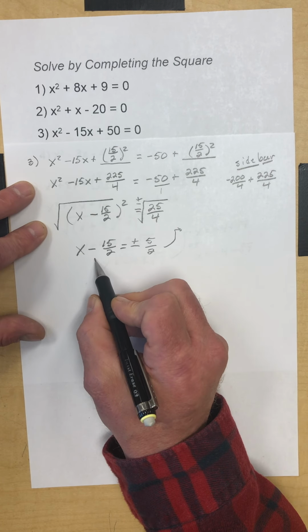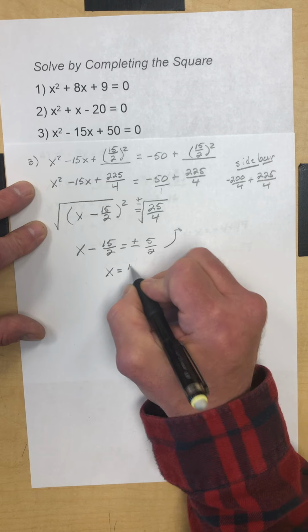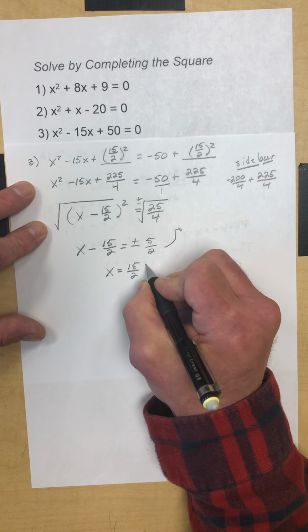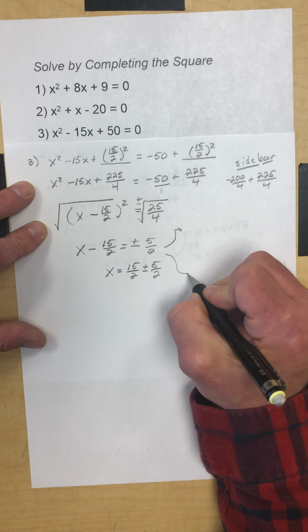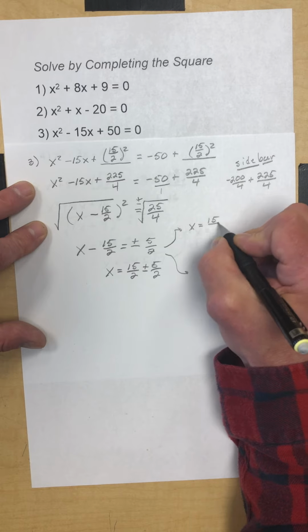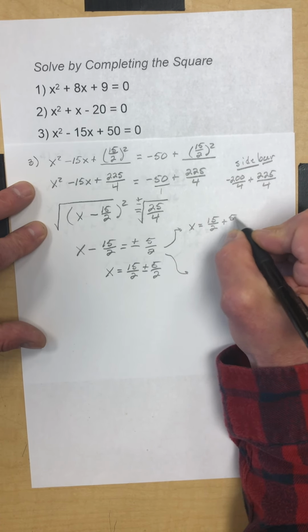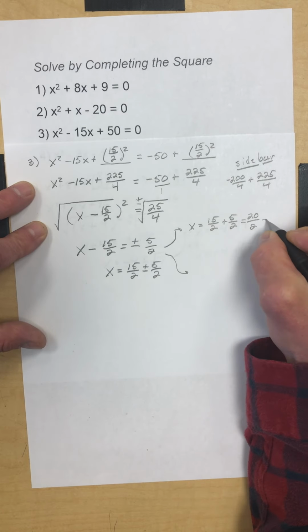So I would have to add 15 halves to both sides. So x ends up being positive 15 halves plus or minus 5 halves. Okay. So x could be 15 halves plus 5 halves, which would give us 20 halves, which reduces down to 10.